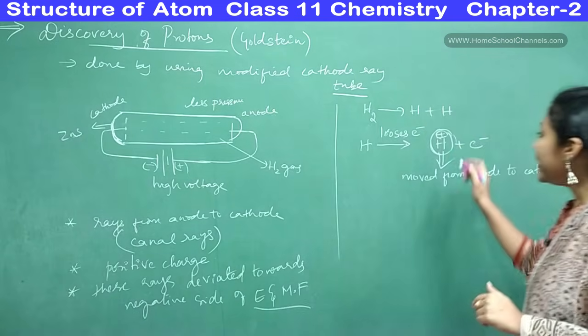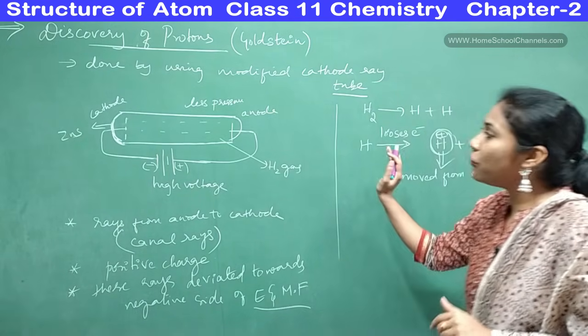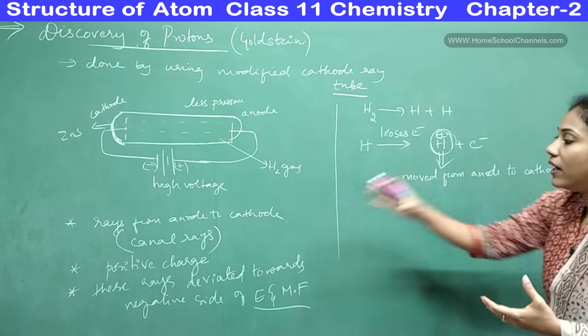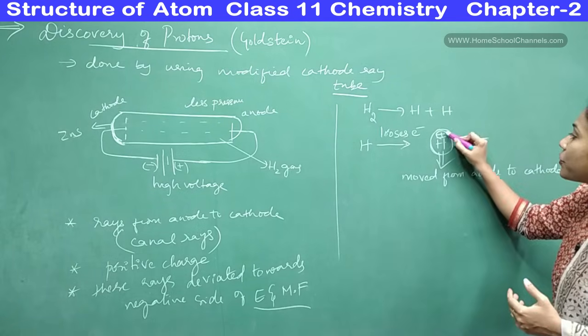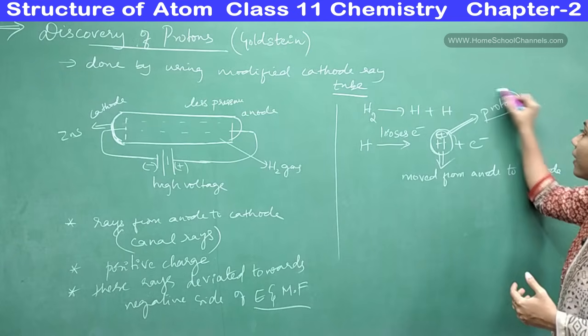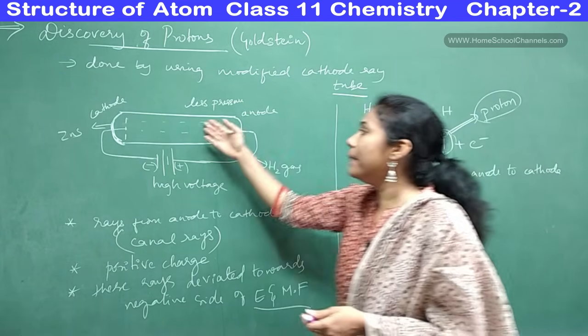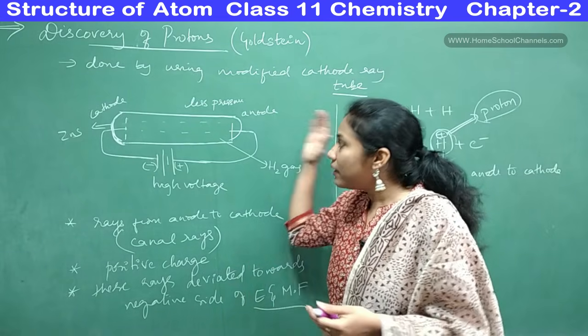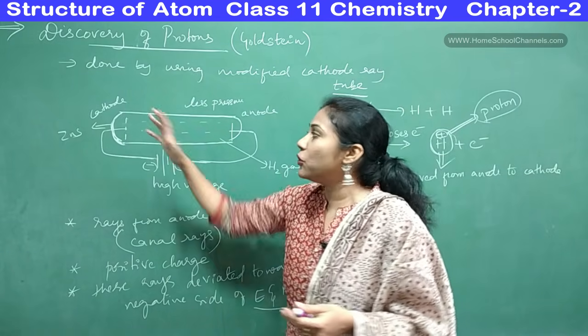Okay, so it is this H plus that has moved from anode to cathode, and these rays were called Canal Rays. Okay, so this is what we mean by proton. Clear? So if you take helium gas, you will have a positive ion of helium. Those ions would move from anode to cathode.